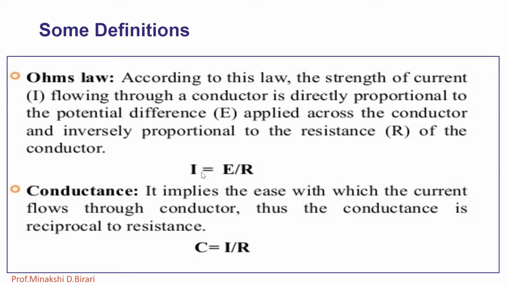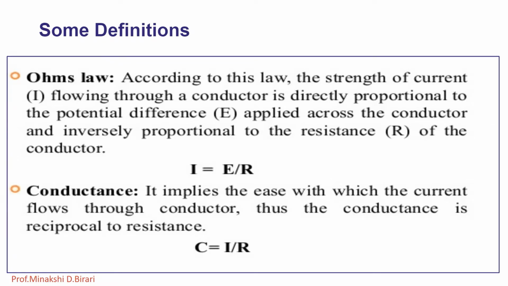So it is expressed by the relation I = E/R, where I is the current flowing through a conductor, E is the potential difference applied across the conductor, and R is the resistance of the conductor. That means the current flowing through a conductor is directly proportional to the potential difference E, and inversely proportional to the resistance of the conductor.